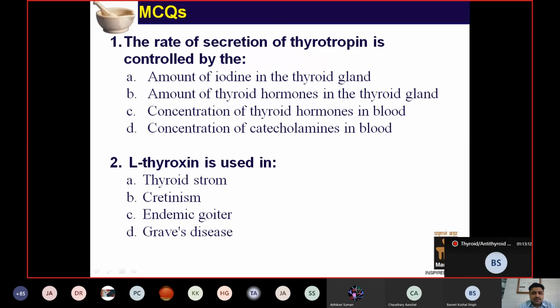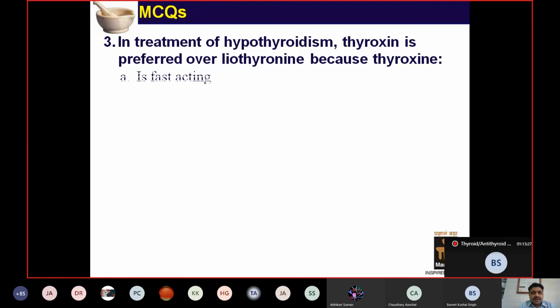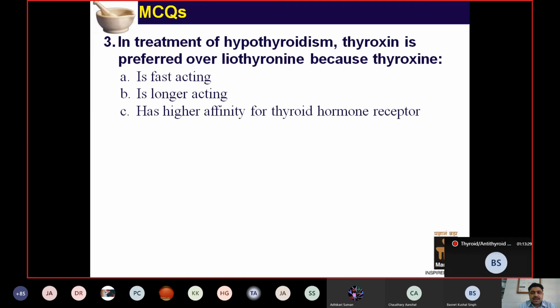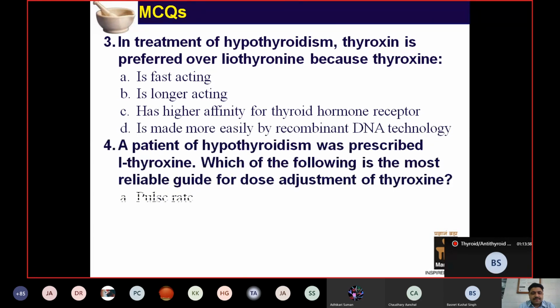MCQ number 2. Levothyroxine is used in which case? Which one is the correct answer? B is the correct answer. You can check it after this class. Number 3: in the treatment of hypothyroidism, thyroxine is preferred over levothyroxine because thyroxine is what?